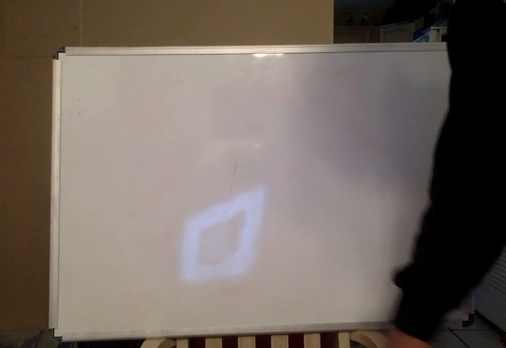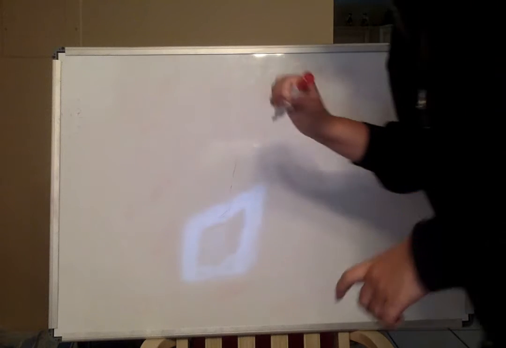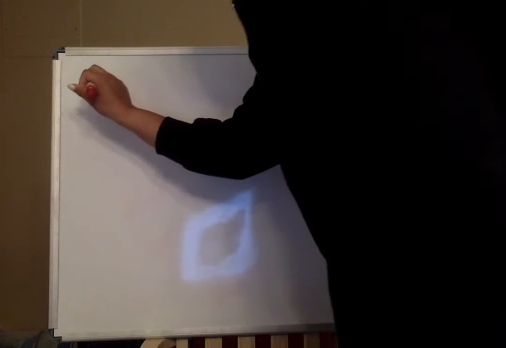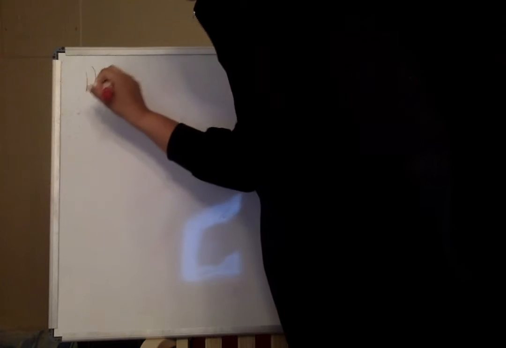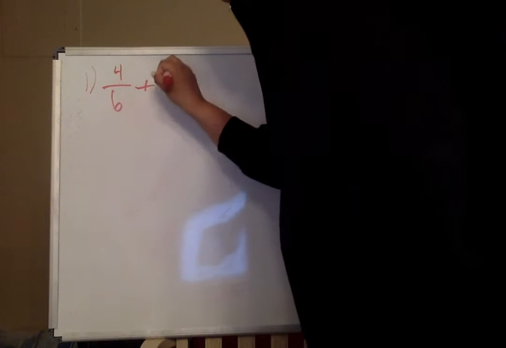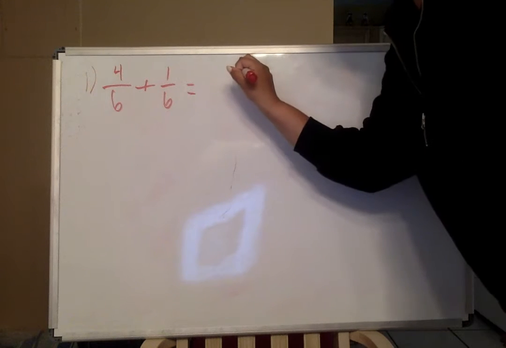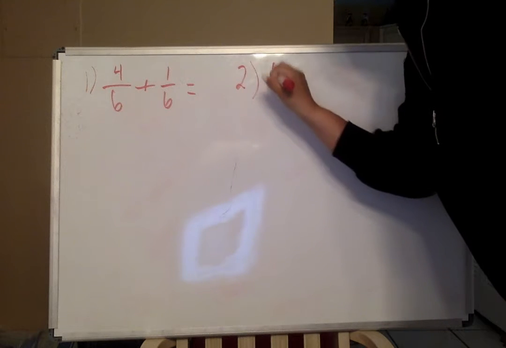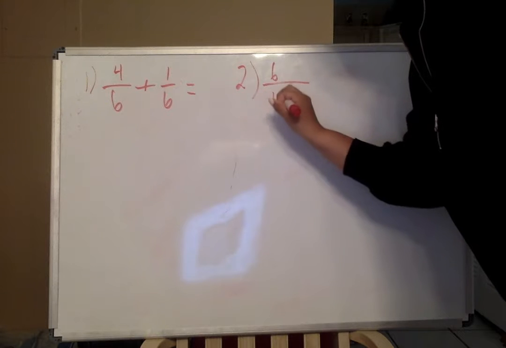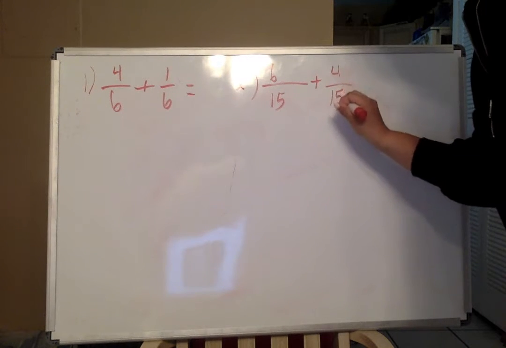Okay, so let's go ahead here. Got our little trusty whiteboard that's traveling with me here. All right, so here we have our adding side. So let's do 4/6 plus 1/6 equals, do number 2 as 6/15 plus 4/15.